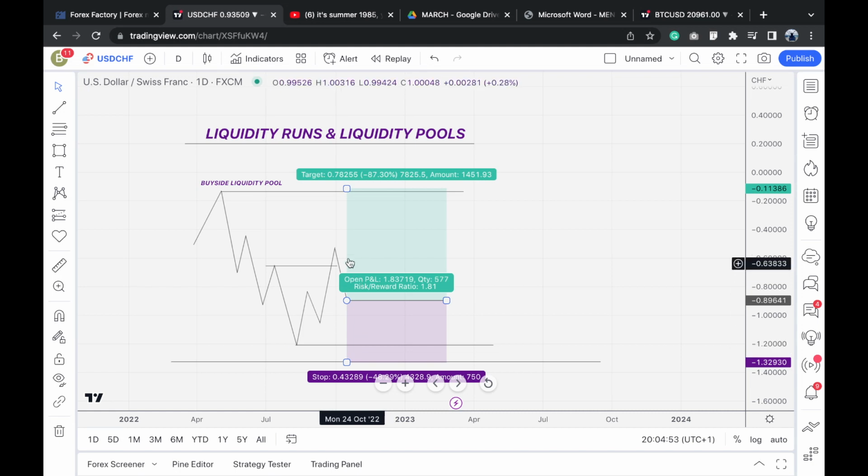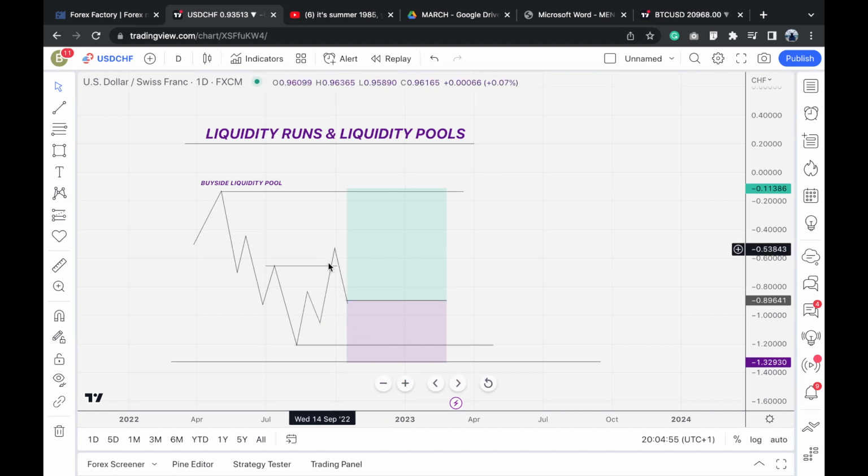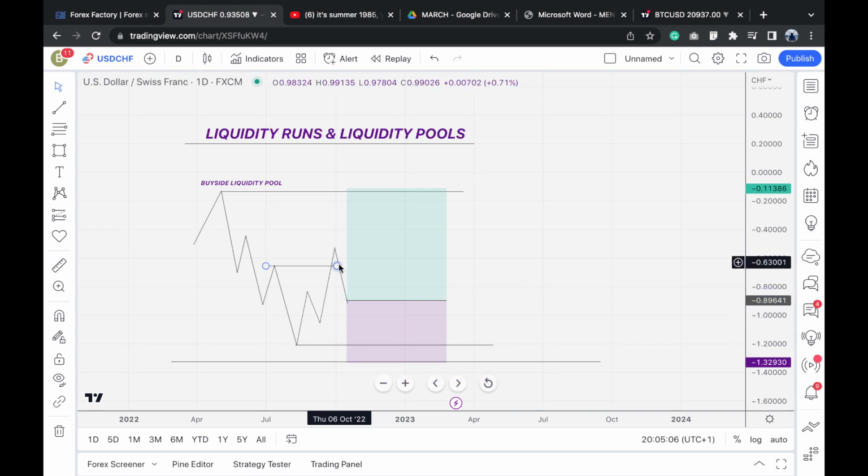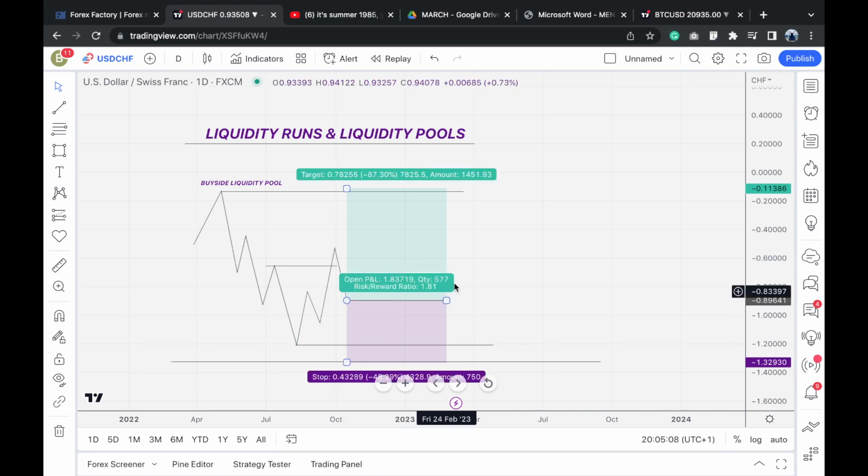Okay, so any individual who is shorting here, their target is going to be an area where they can buy back their positions at a discounted price, in profit. So who is going to take on the opposing side of their bought positions?